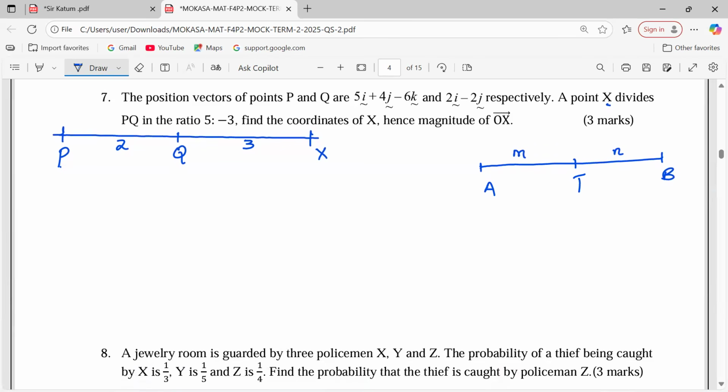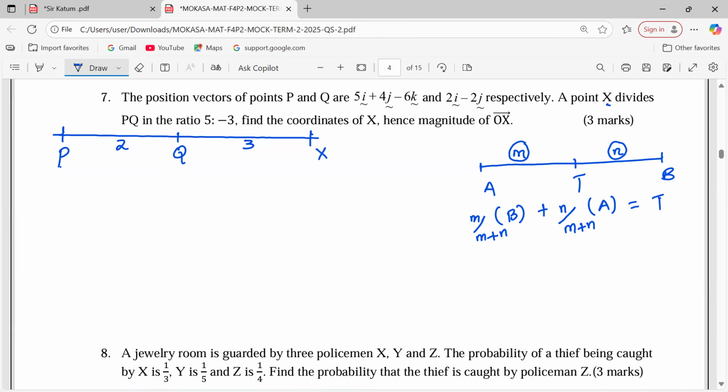The general ratio theorem states that when we take the proportion M and we divide by the total proportions M plus N, then because we've picked M, now we multiply this by the opposite vector, not the adjacent. We multiply by B. Then we add, we take ratio N and we divide by the total proportions. Then, because we are picking N now, we multiply by the opposite vector, which is now A. We're supposed to get the position of T. That is the general ratio theorem.